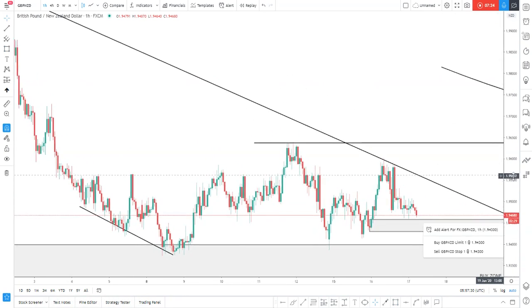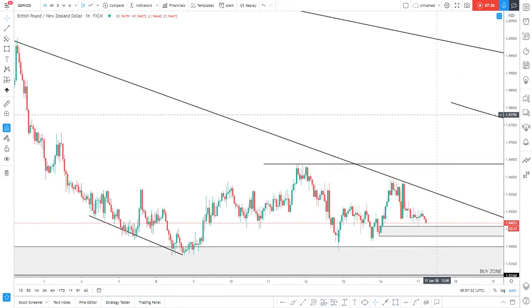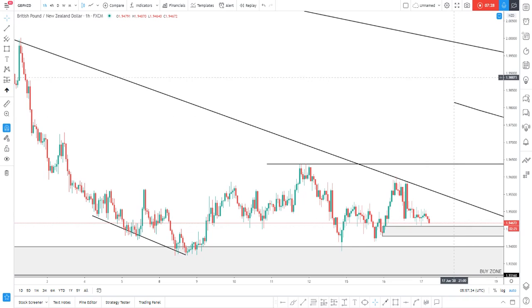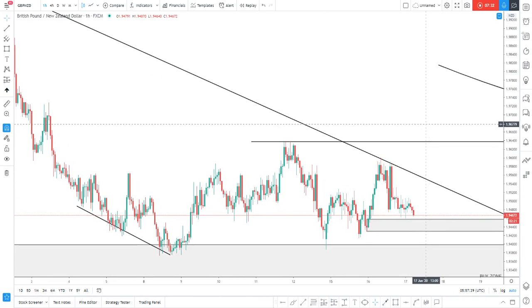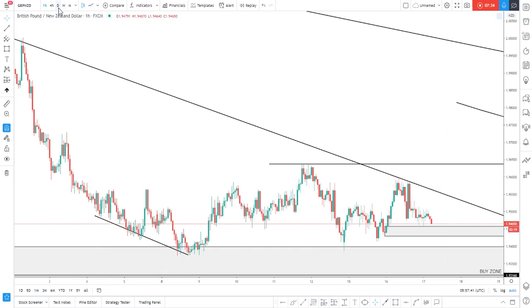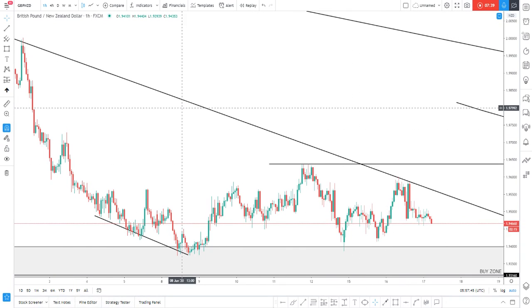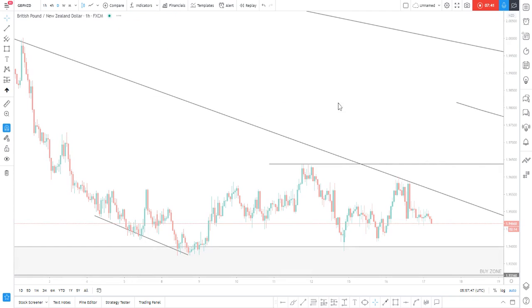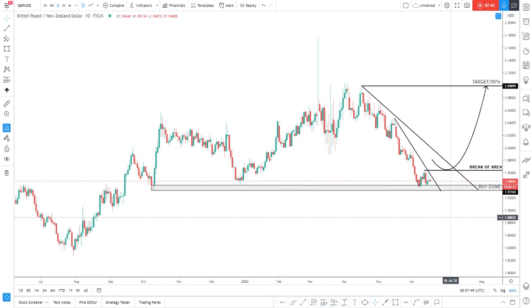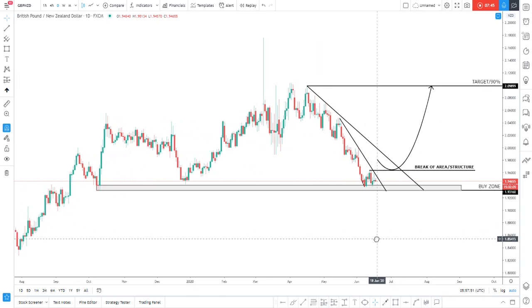So there is a tendency that when price hits this buy zone, it reverses and starts moving to the upside. So my sentiment on GBP NZD is to look to go long.